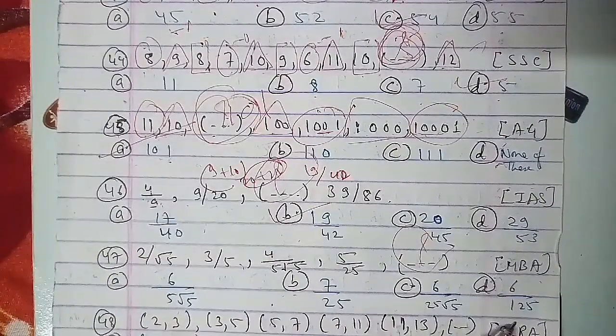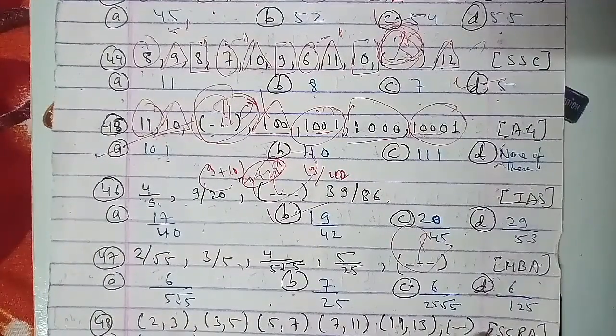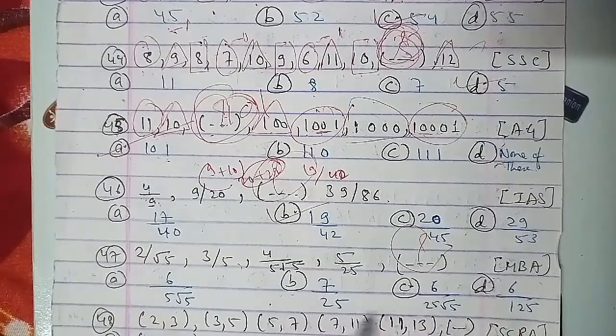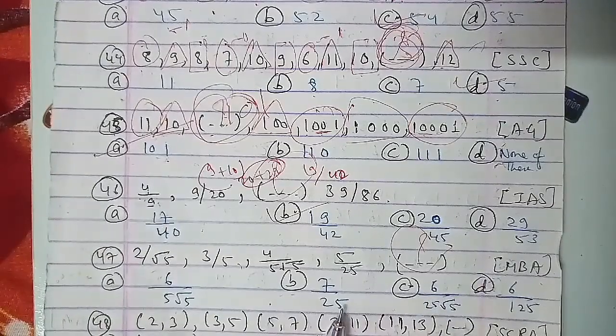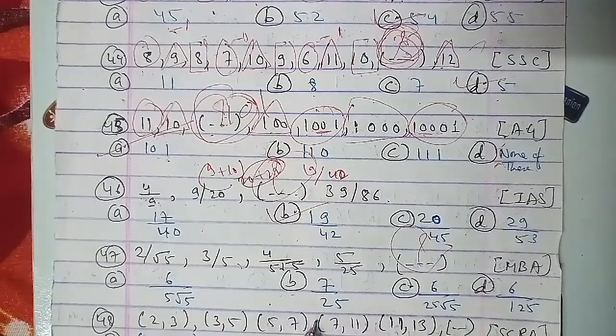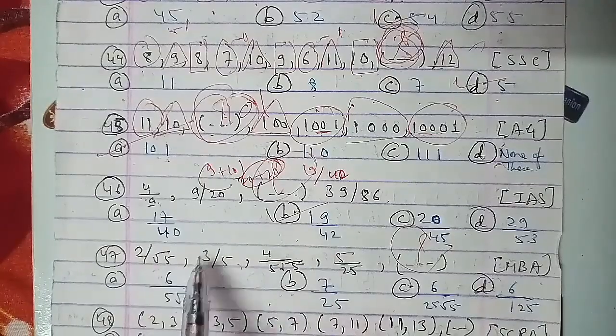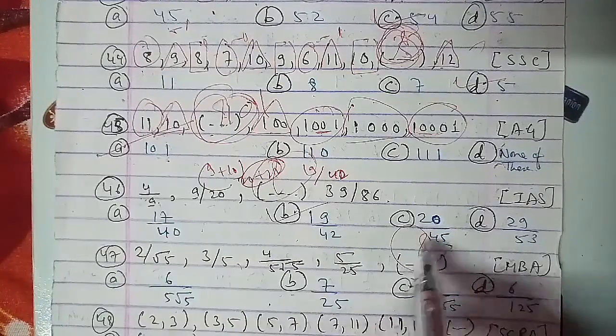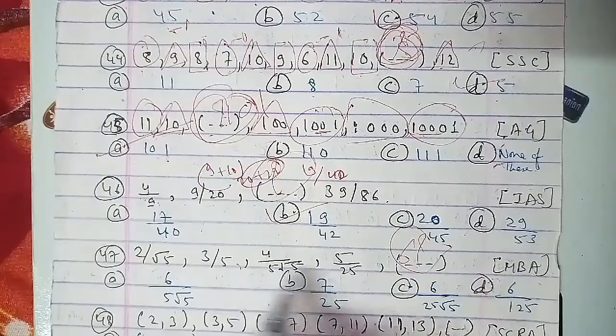Here you can see the examples, and accordingly you can answer if you are able to. Clearly, the numerators of the given fractions are consecutive natural numbers, so the numerator of the missing fraction should be 6: 2, 3, 4, 5, and then the next number should be 6. Now we see the options.